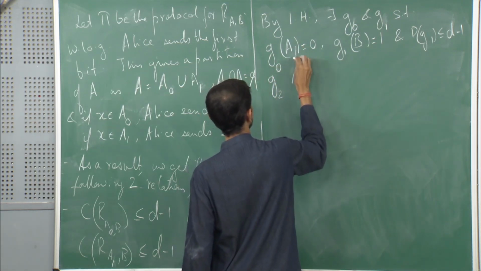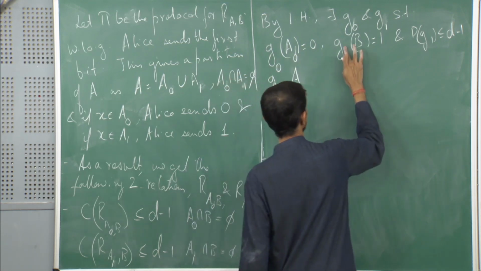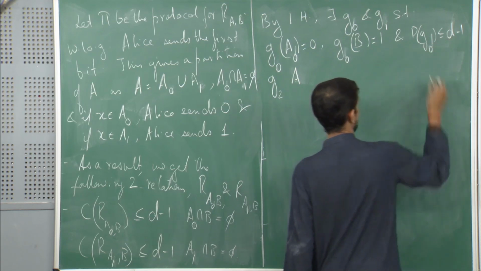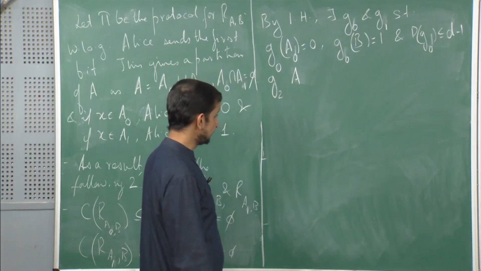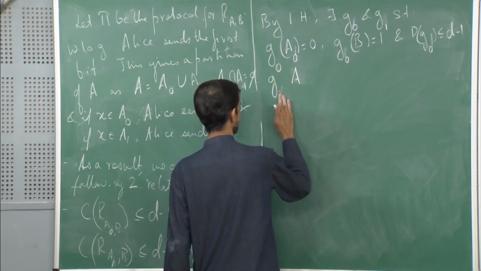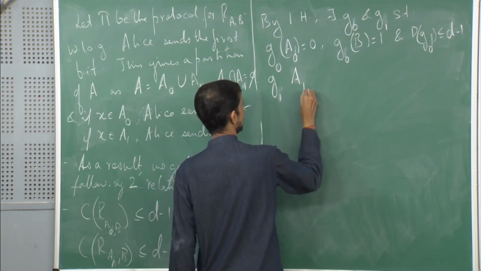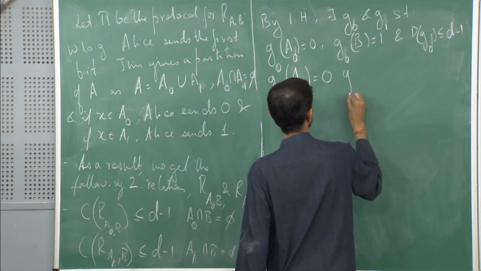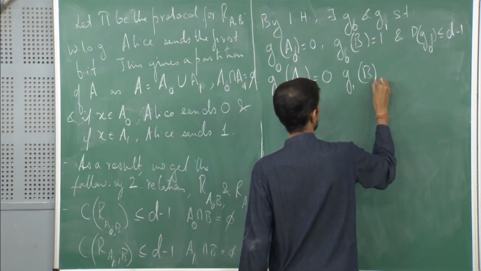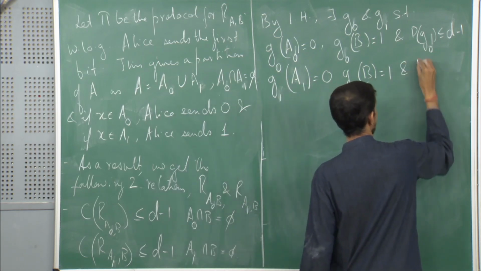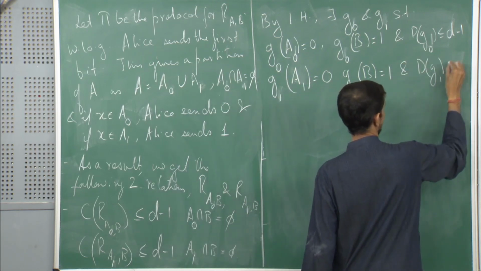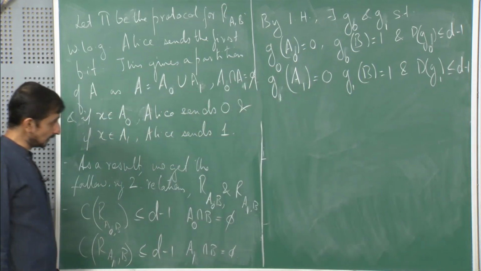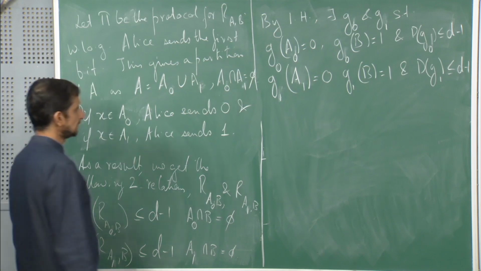So G0 of A0 is 0, G0 of B is 1, and depth of G0 is at most d minus 1. Similarly, G1 of A1 is 0, G1 of B is 1, and depth of G1 is at most d minus 1. Okay.